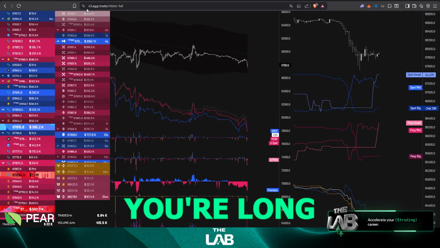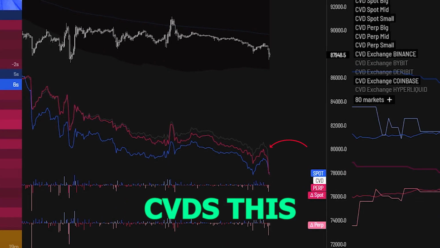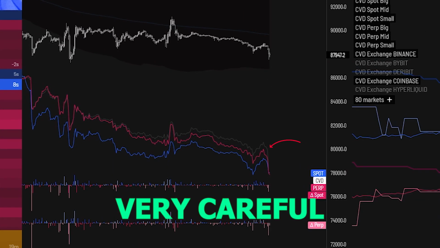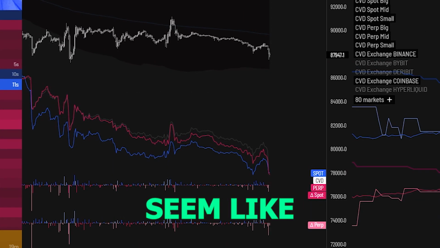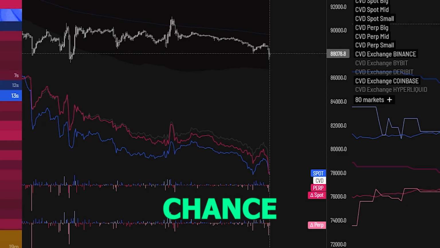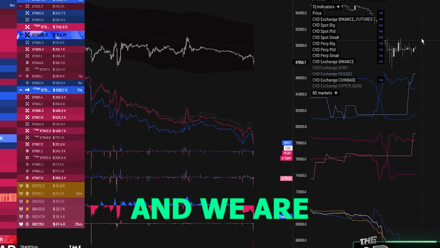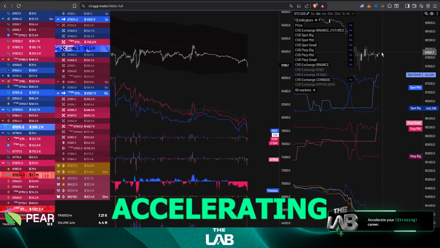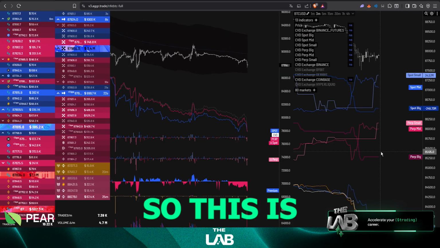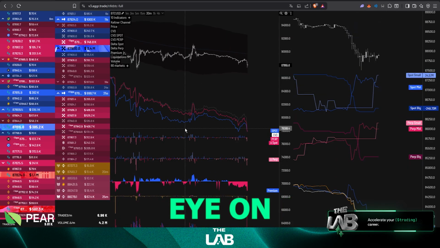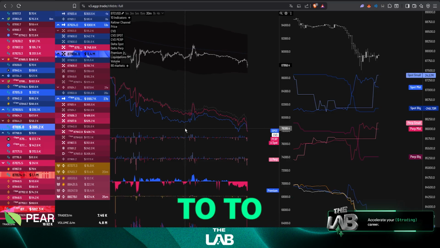On the flip side, if you're long and you're seeing such CVDs, I would be very careful, because this doesn't seem like there's interest in buying, and there's a decent chance this low or whatever we're seeing here is not holding, and we are accelerating lower, right? So this is something to keep an eye on and something to trade around.